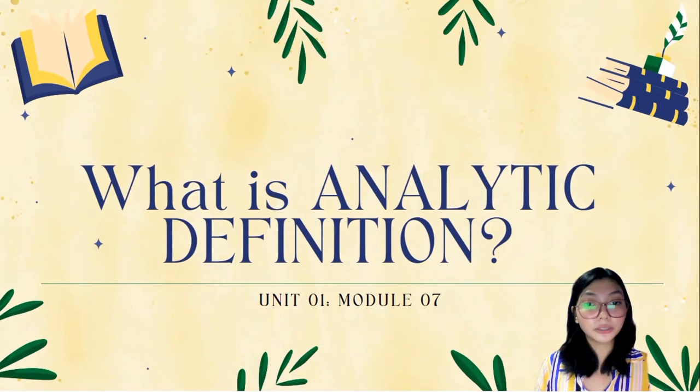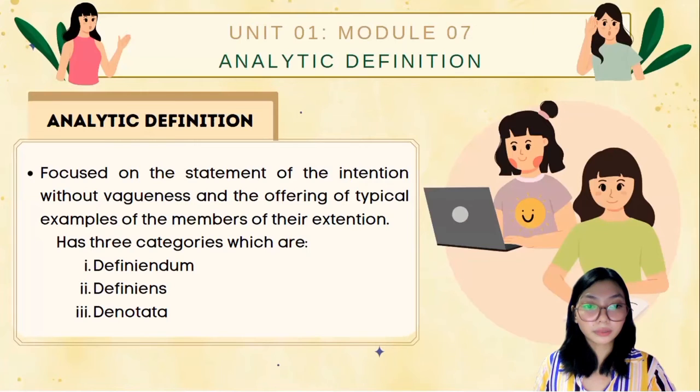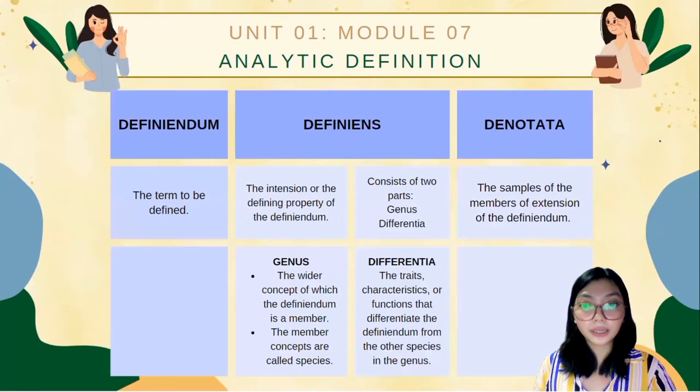And unlike any traditional version of the logical definition, which has only two categories, analytic definition has three categories, namely the definiendum, definiens, and the denotata. So, if you're wondering what is the difference between the three, here is a table to visualize their difference.